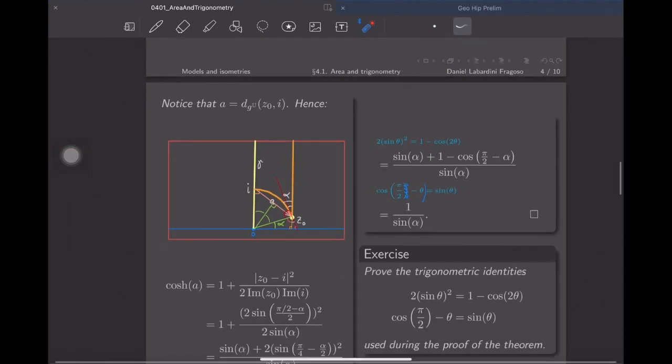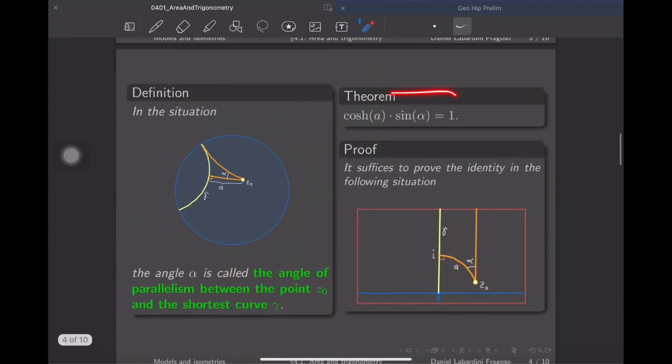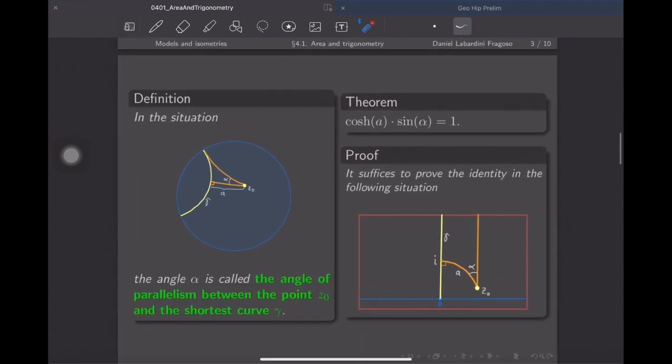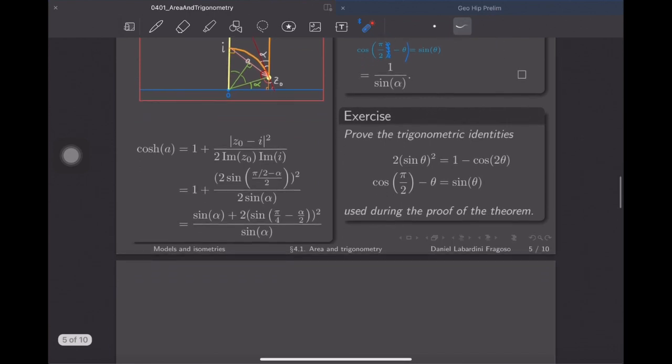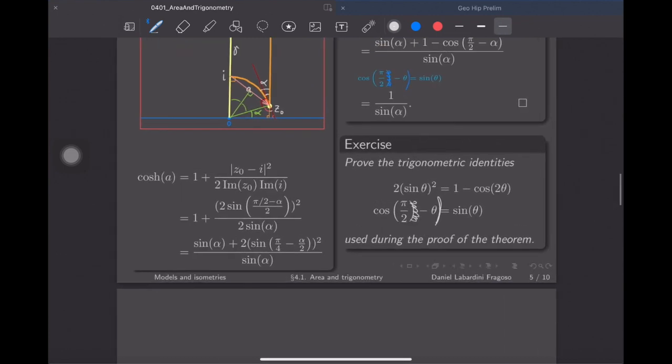But you see, I started with the hyperbolic cosine of A. So this is equal to 1 divided by the sine of alpha. So I have what I wanted. Okay. Well, prove those trigonometric identities. Here again, the same typo.